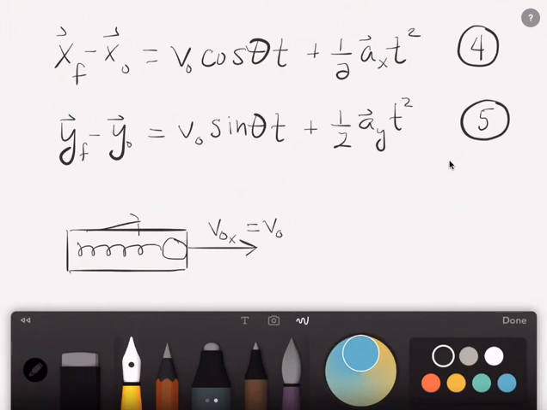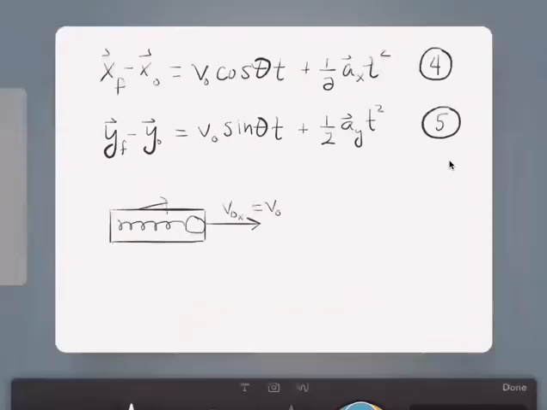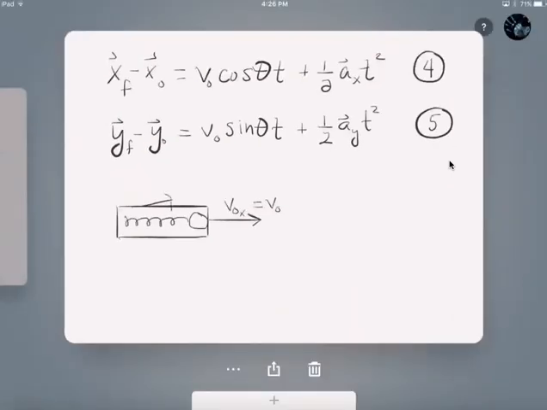Remember Newton's first law: an object that is at rest tends to remain at rest, and an object in motion in a straight line tends to remain in motion in that straight line unless acted upon by an external force. And the spring is supplying that external force in this particular case when this object is at rest.